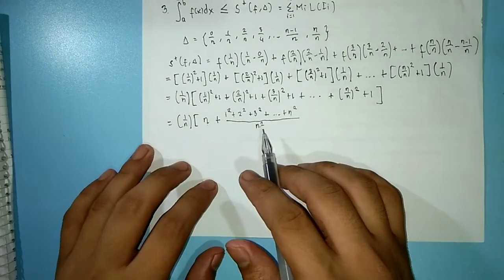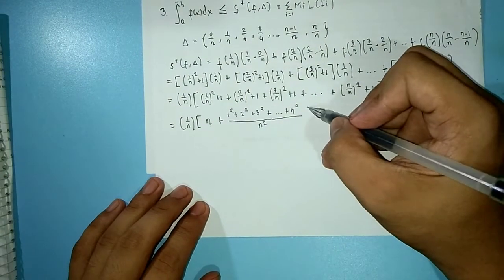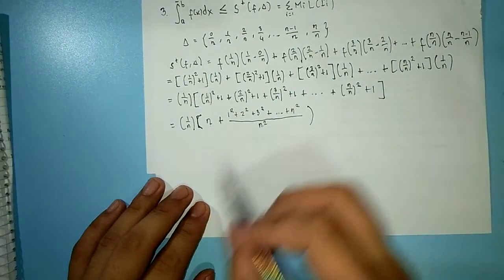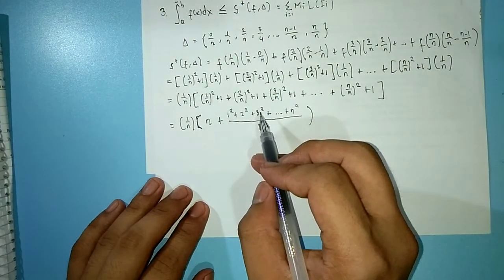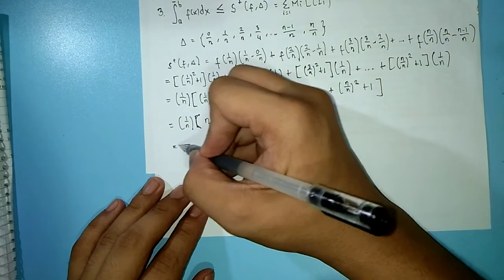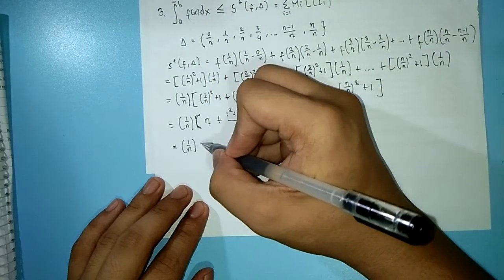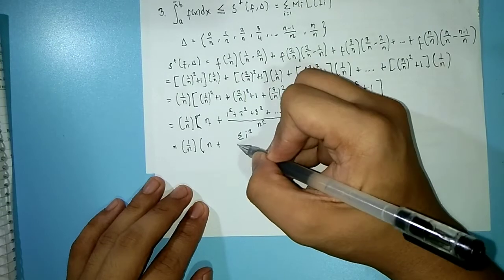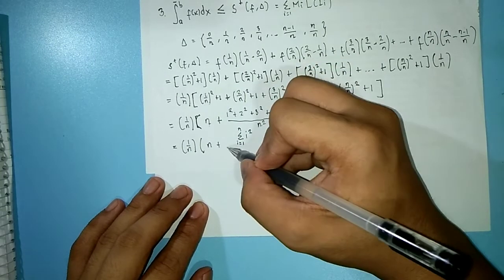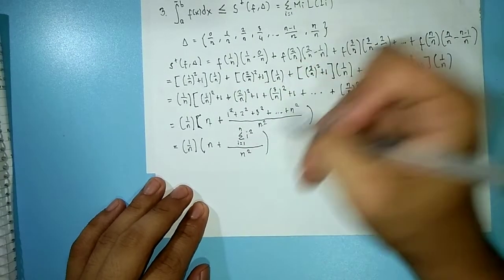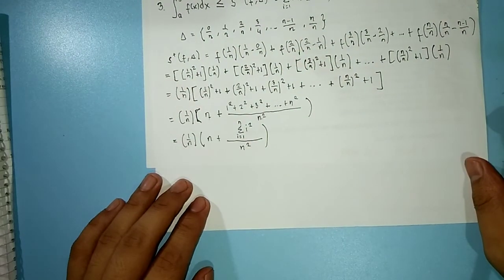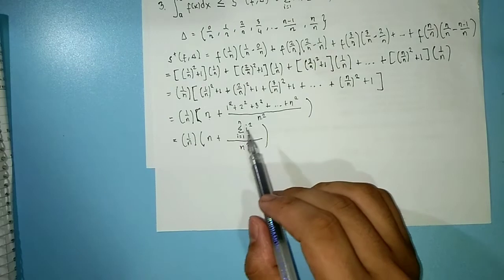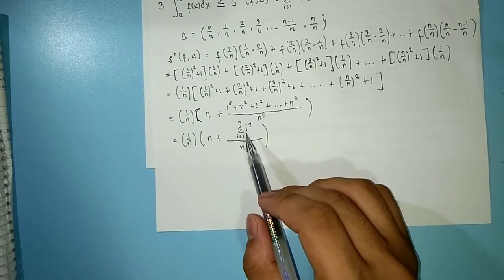Then, if it's like this, we can just use parentheses. So this is equal to n plus the summation of i squared, i equals 1 to n, all over n squared, all times 1 over n. Then, the summation of i squared has a shortcut formula, right?